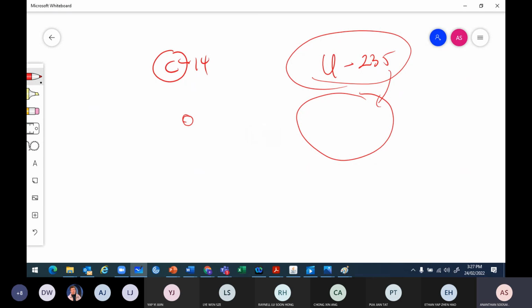Can you tell me which will have more binding energy? Carbon 14 or uranium 235? Come on, guys. Of course, the one with more nucleons most likely will have more binding energy, right?